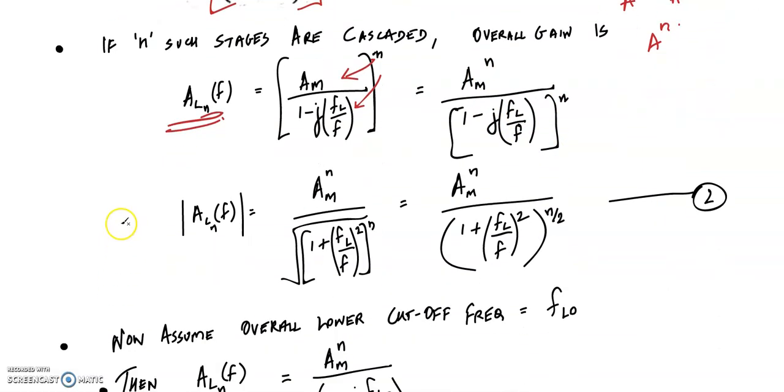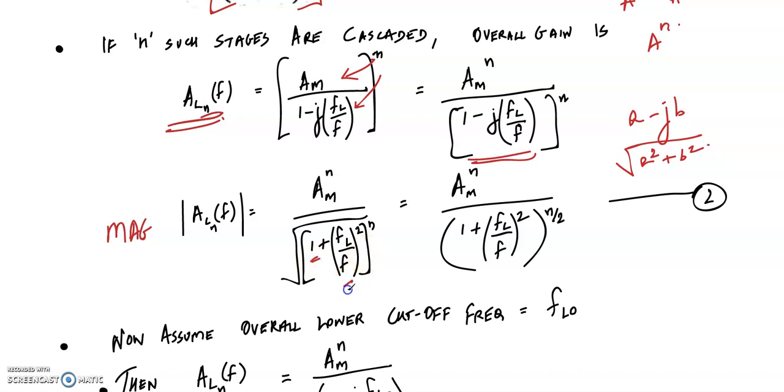If I take the magnitude of this expression, the magnitude becomes AM the whole raised to n, which is actually the same because it's a constant value, by, this is a complex value. So what is the magnitude of a complex value? For A minus jB, the magnitude is the root of A square plus B square. That's exactly what I'm writing here.